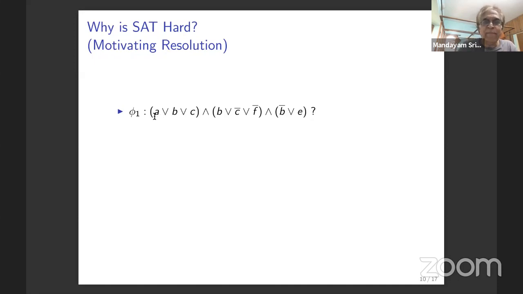For example, A: the first clause has A, which appears with only one polarity in the entire formula.